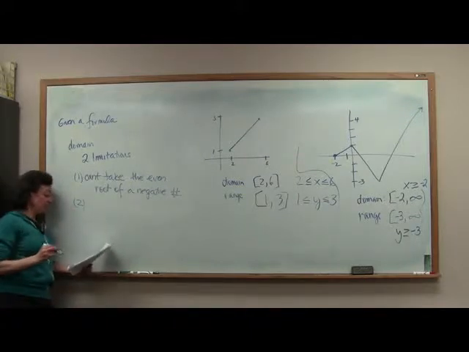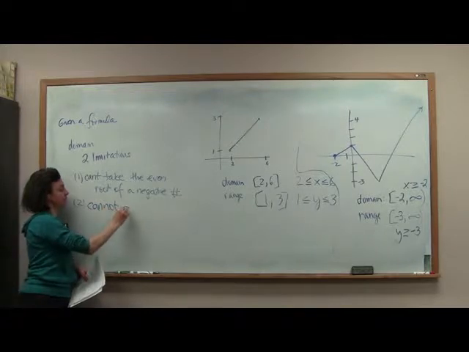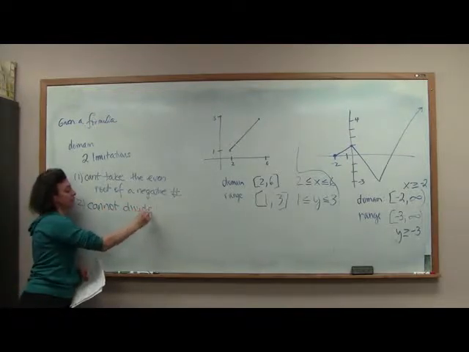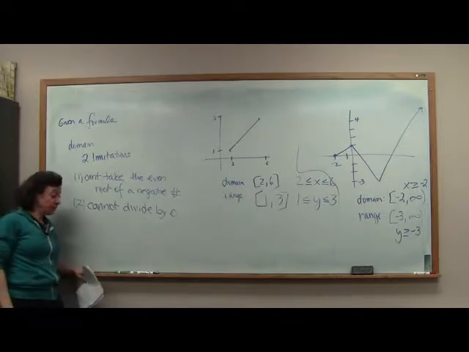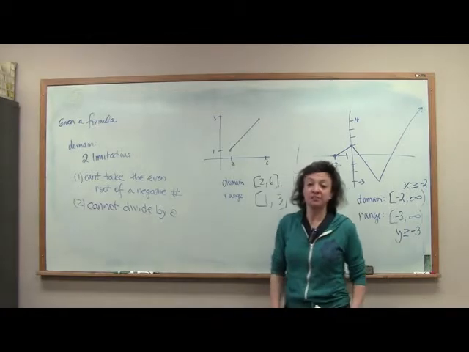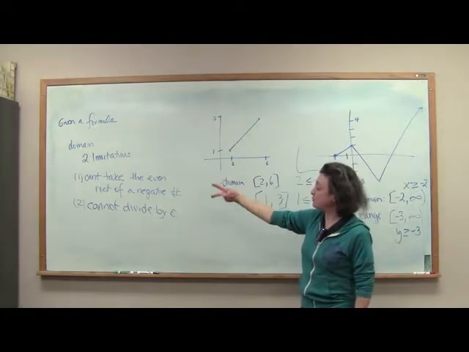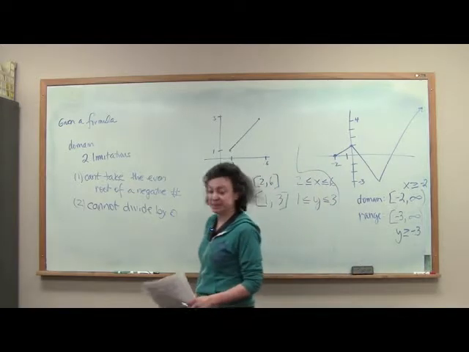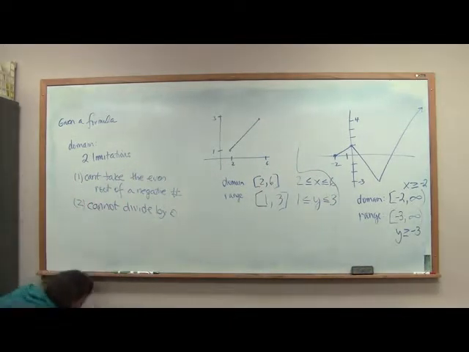Our second limitation is we cannot divide by 0. So if you're given a formula and you're asked to find the domain, what you need to do is deal with both of these 2 limitations. Those are the 2 questions you need to ask yourself.